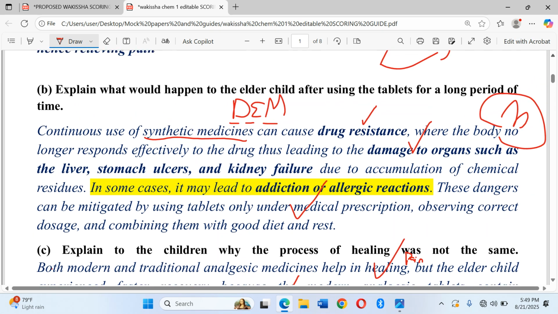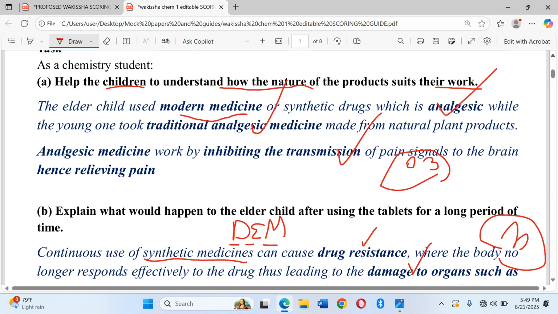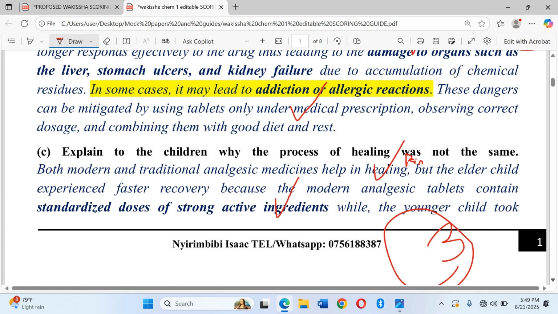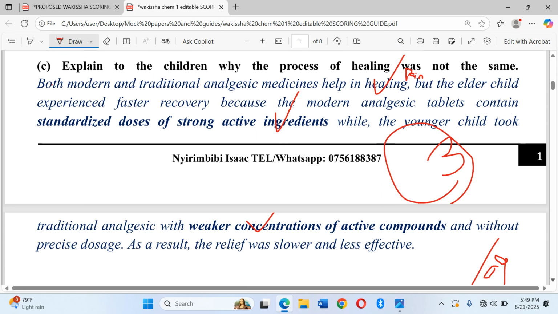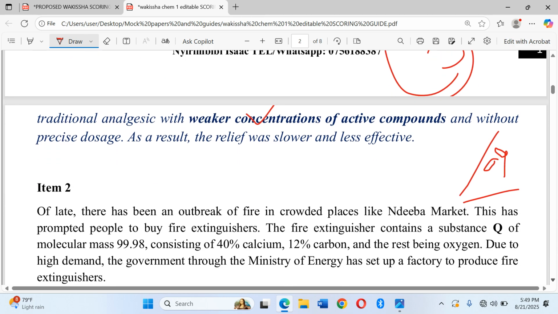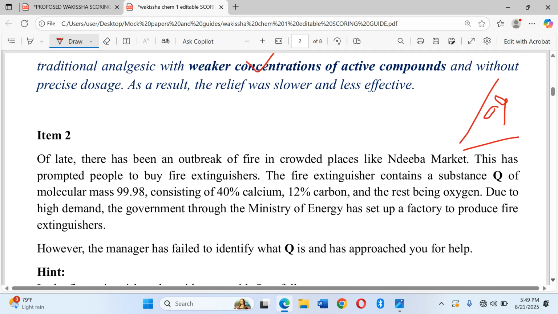Keep on pausing and then you note down, so that you can have all this work in your notebook. Otherwise, having it in your head alone, other than putting it down, it may not be very nice. So have time, put it down, and then also don't forget to discuss with other friends of yours.